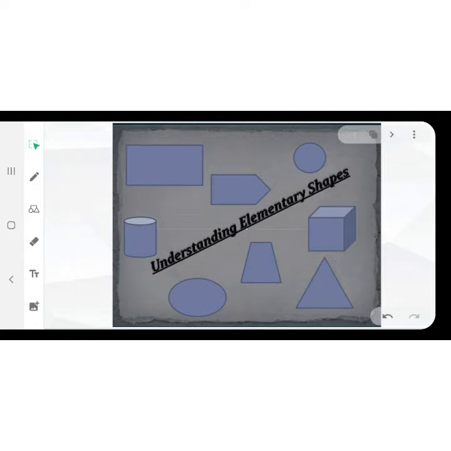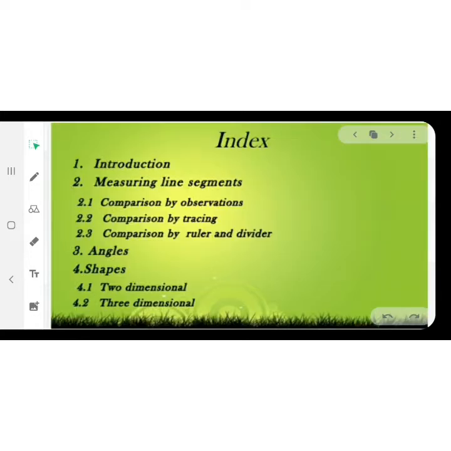In this chapter we are going to discuss its introduction, then measuring line segments. There are three ways of measuring a line segment. The first way is comparison by observation. That means by just observing the line segment, we can tell whether the given segments are of the same size or not.